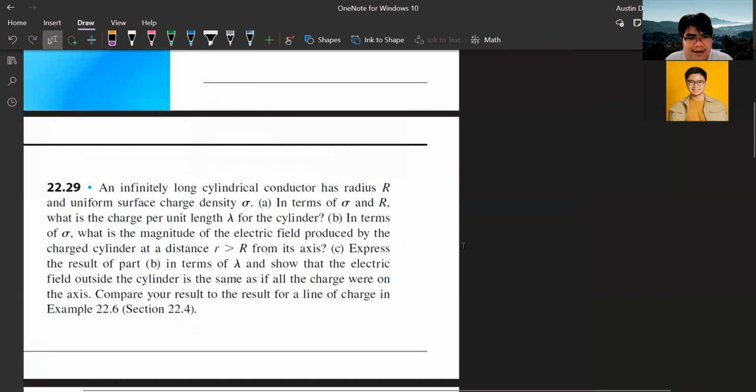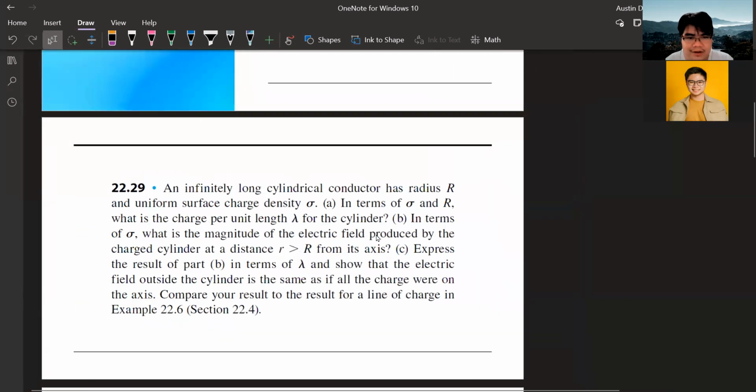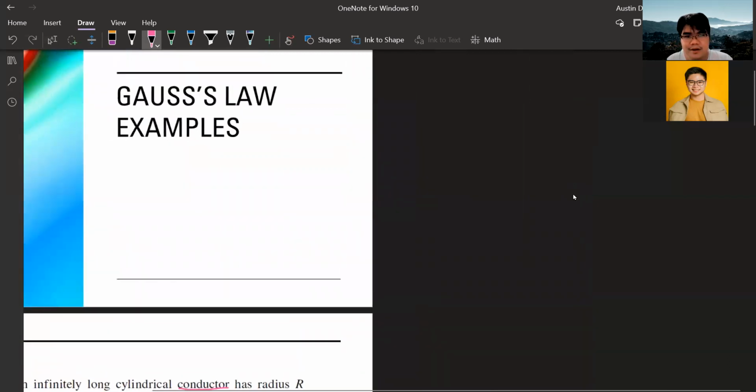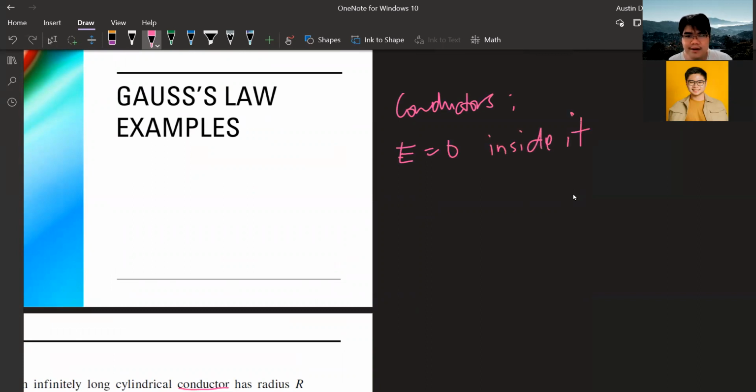Okay, so yung mga tanong dito would have conductors. And again, conductors: E, electric field is 0 inside it. Okay.